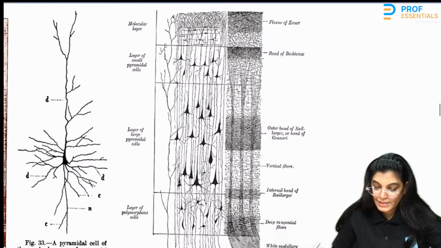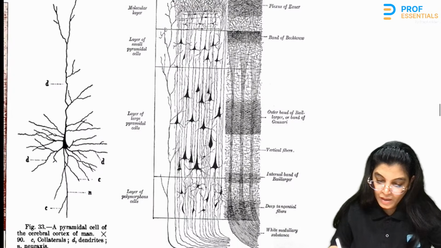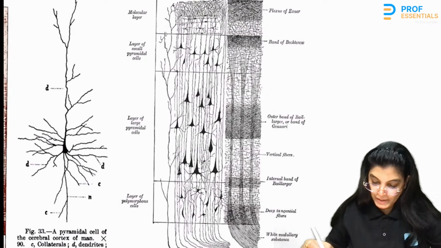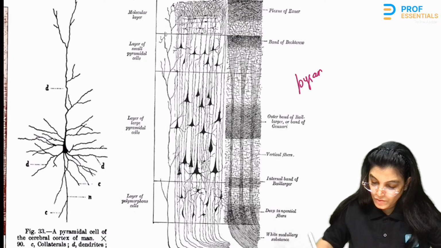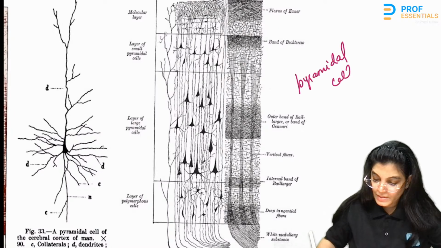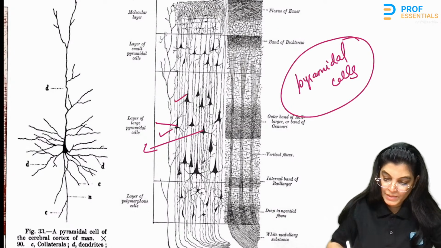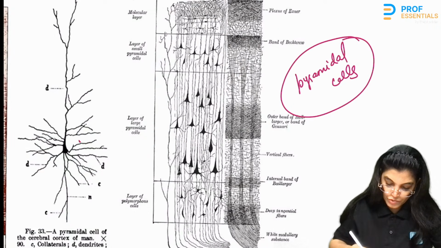Now here I would like to show you the diagram where you can see the important pyramidal cells. As there was the example of long process, the pyramidal cells, can you see here? These are all pyramidal cells of the cerebral cortex. An enlarged view has also been shown.